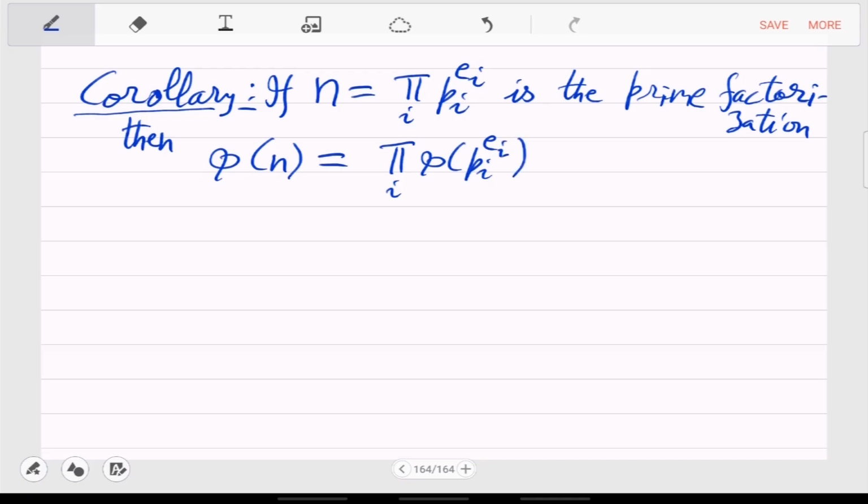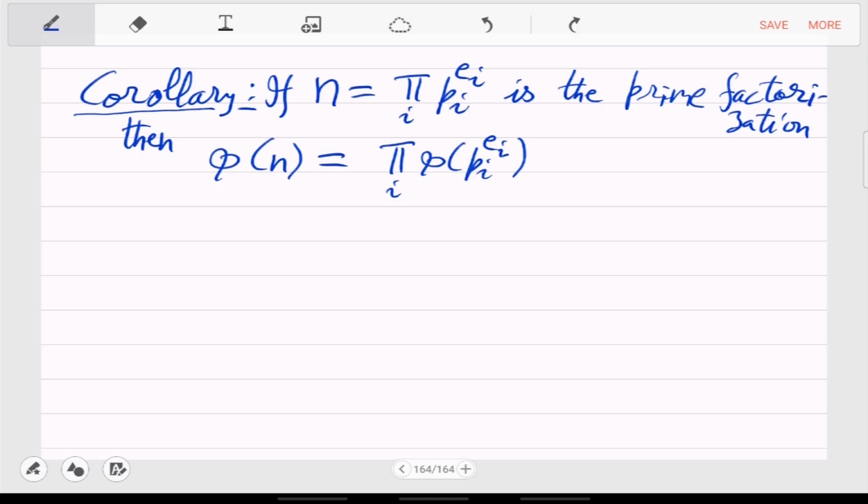This factorization means that the p_i's are distinct primes, right? So they are co-prime. So p_i to the e_i are also co-prime for different i's. So you can repeat the previous property repeatedly, and you can bring phi inside. So phi of n is actually the product of phi of the prime powers which appear in the factorization.